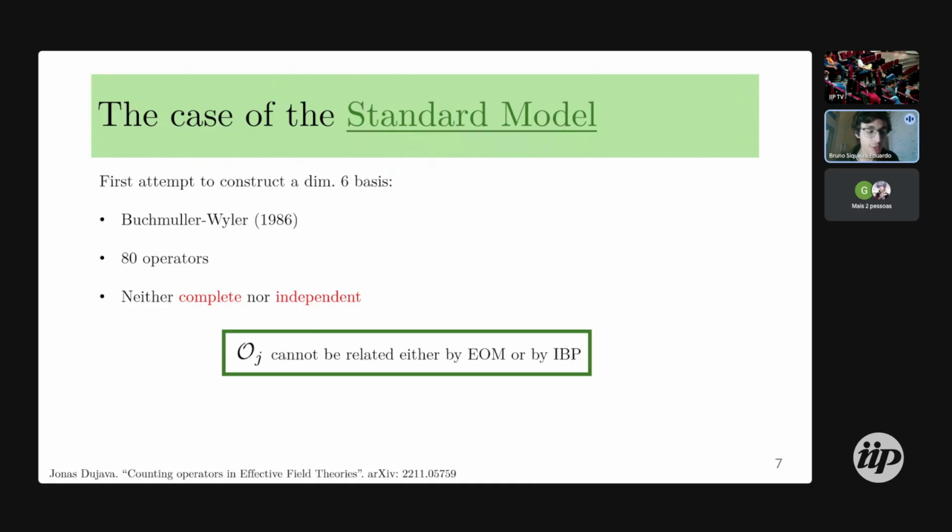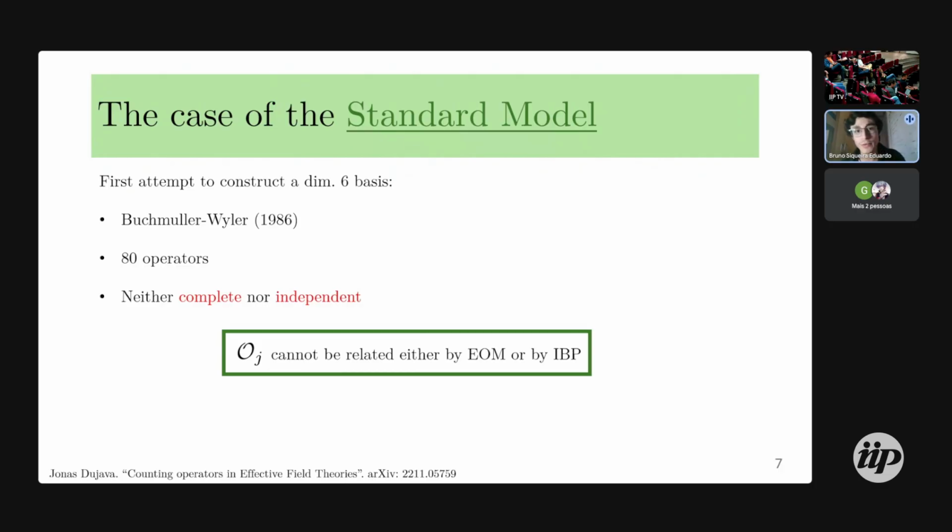Because if you forget to include some operator in the effective field theory basis, you might not be able to capture some beyond standard model physics. So suppose that some Wilson coefficient should be non-zero. If the operator corresponding to that Wilson coefficient is missing, you will never be able to capture the UV physics using the EFT approach.